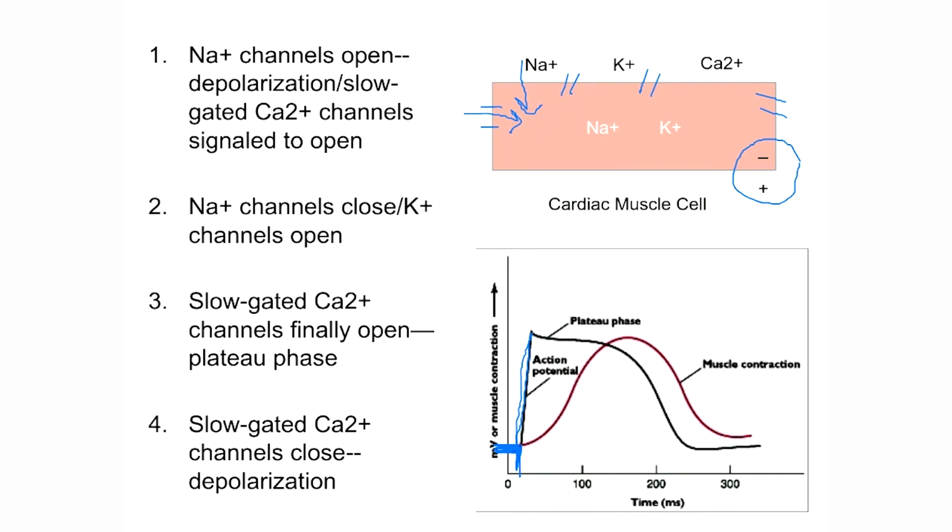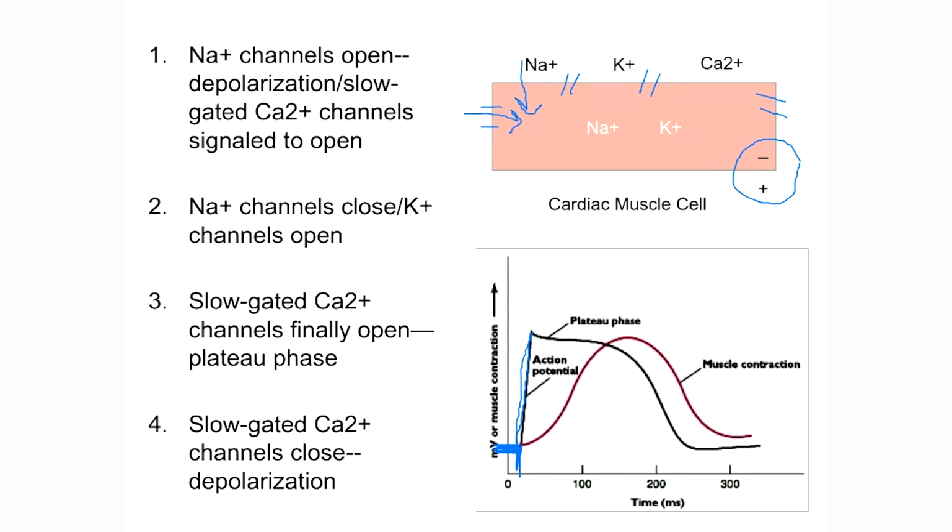So they're very fast at opening and closing their gates, and so we refer to them as fast-gated channels. Basically, once they get that signal that tells them to open, they pop open, and very rapidly after that, these channels also close.